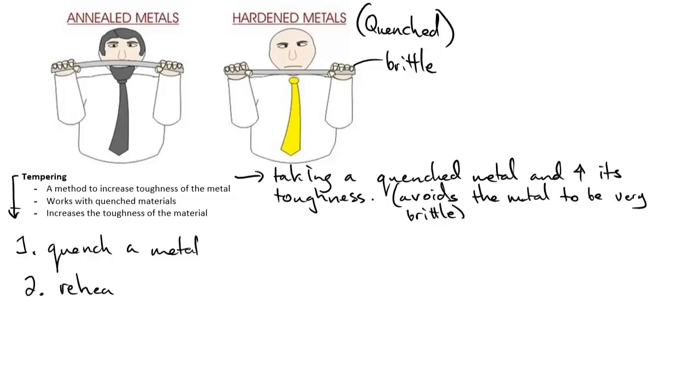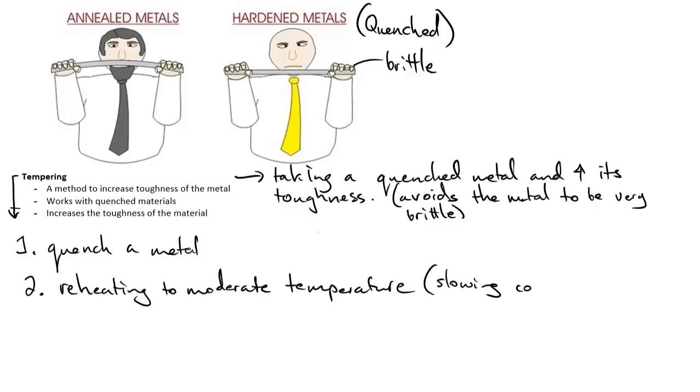So tempering involves taking a metal, quenching it, and then reheating to moderate temperature. So not heating it up too much. Reheating to moderate temperature, and then slowly cooling.